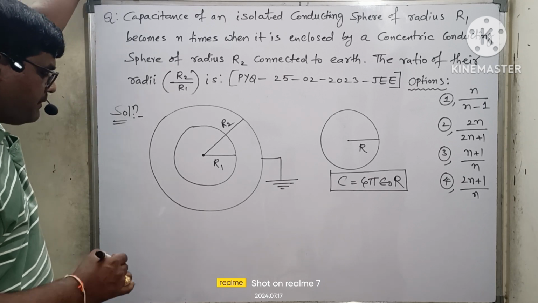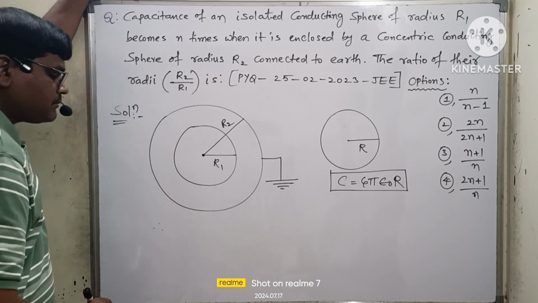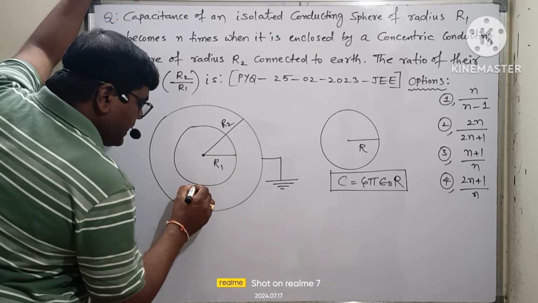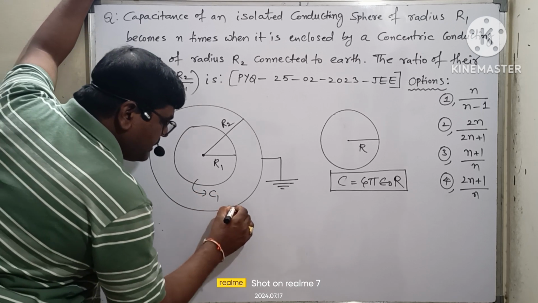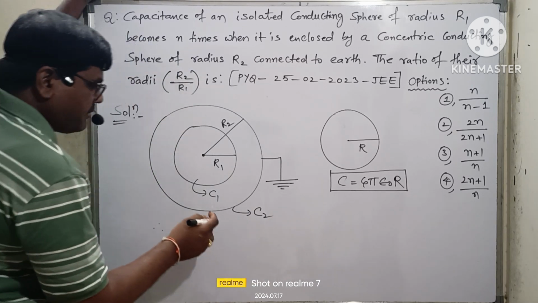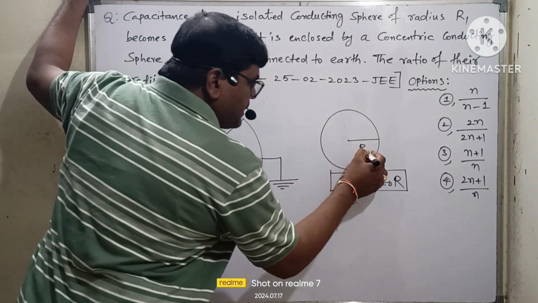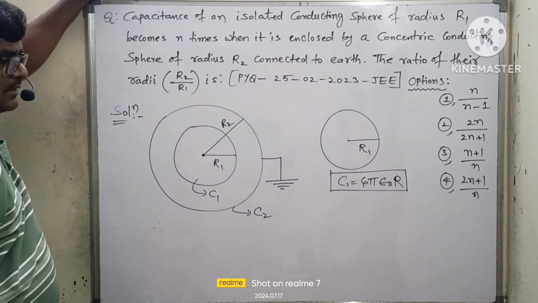Now we have a formula for this directly. What is the capacity formula for this case? The first one is considered as C1, and this second one is considered as C2. What is C1? This has radius R1 and capacitance C1.